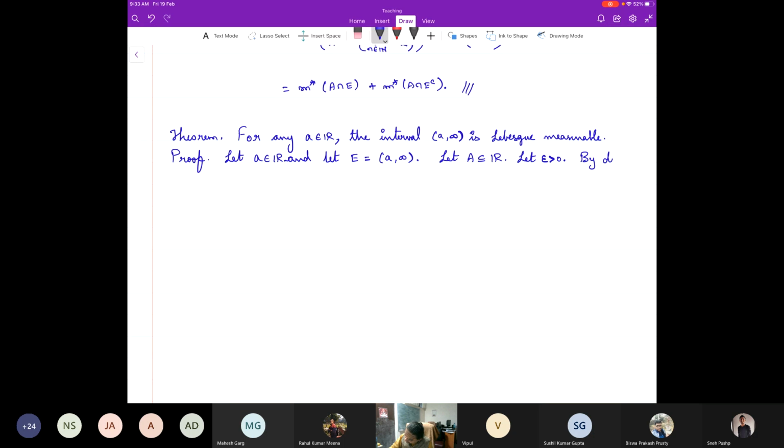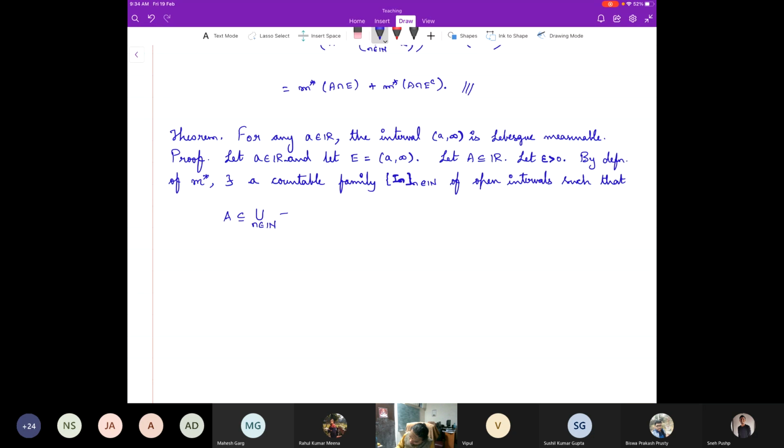So by definition of m star, there exists a countable collection I_n of open intervals such that A is contained in the union, and the summation over n in N of the length of I_n is less than or equal to m star of A plus epsilon. So this we are going to use.